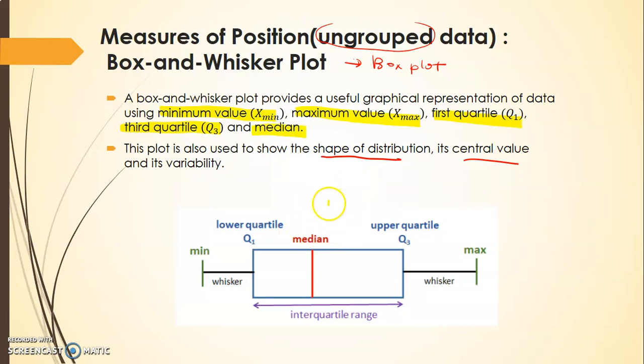Okay. So box and whisker plot is a plot that looks like this. It has whiskers and also this rectangular box.